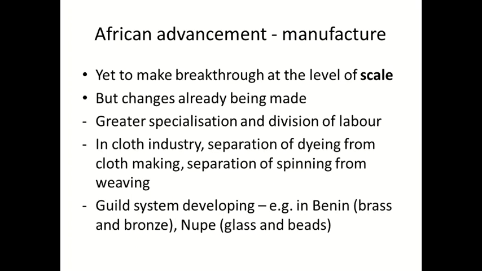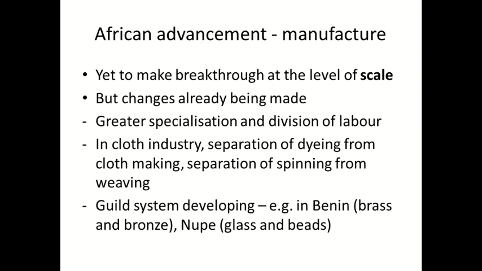In the cloth industry, there was separation of dyeing from cloth making, separation of spinning from weaving. We saw a guild system developing. The guild system is something that in the European transition to industrial production was an intermediary stage, a very important stage, apart from the use of machinery, for moving to the industrial production of capitalism.